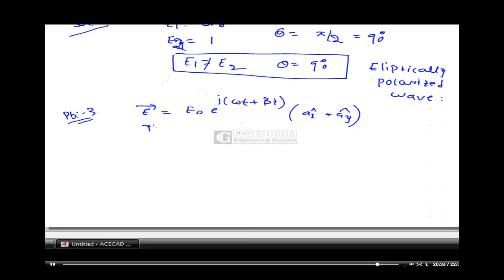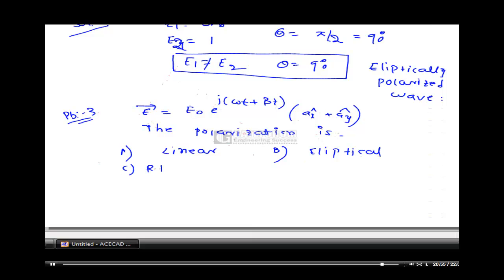The polarization is: option A, linear; option B, elliptical; option C, right-handed circular polarization; option D, left-handed circular polarization.